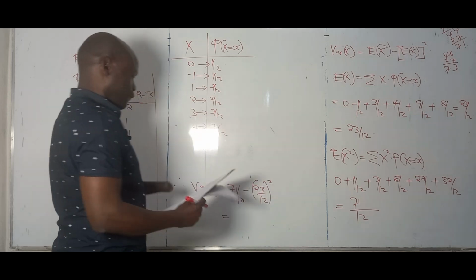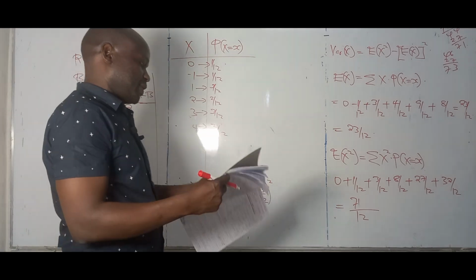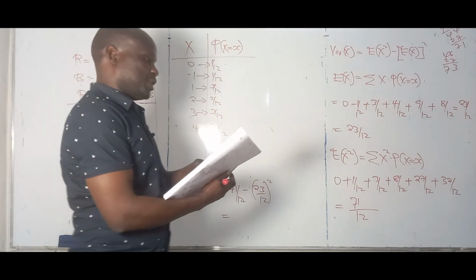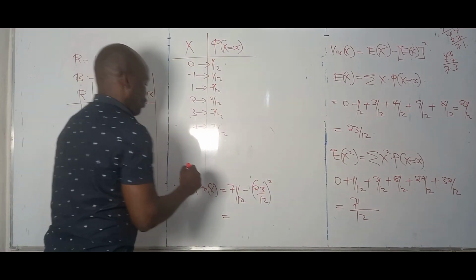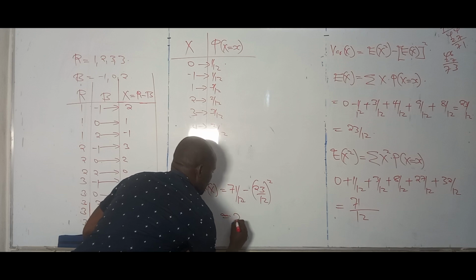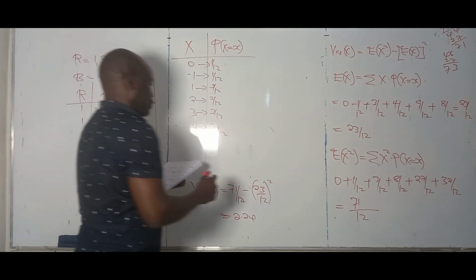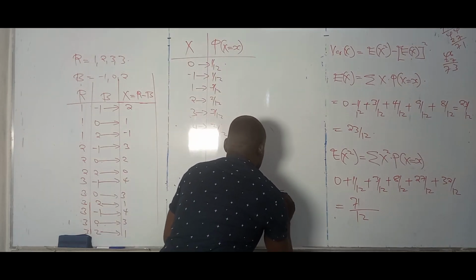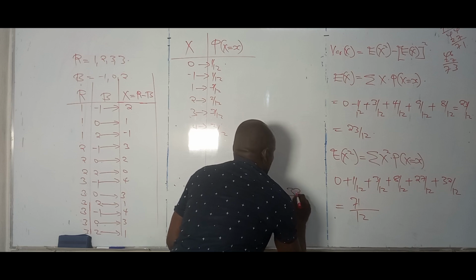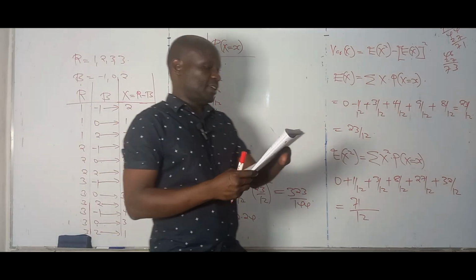And if you work that out using your calculator, the value that you should get is approximately 2.24, but it is indeed equal to 323 over 144. And that's the answer.